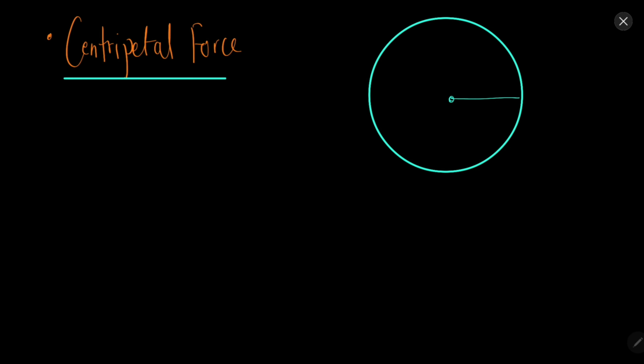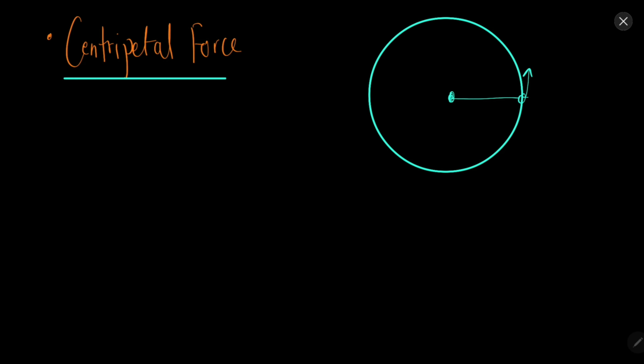The centripetal force is the force responsible for the uniform circular motion. So again, let's say this is a circular motion. We know that if something is moving in a circle, then there must be some force which is holding the particle towards the center, otherwise this particle will fly off.